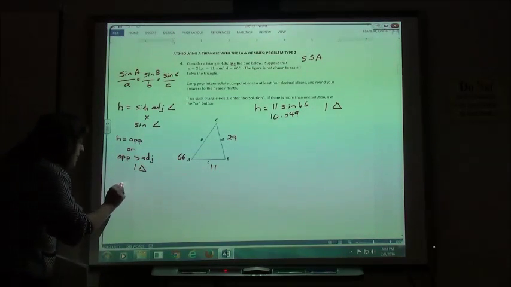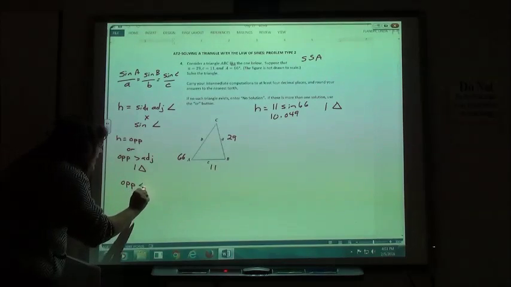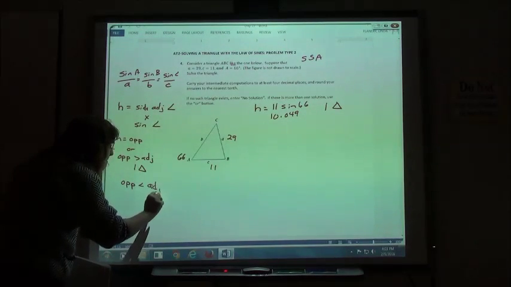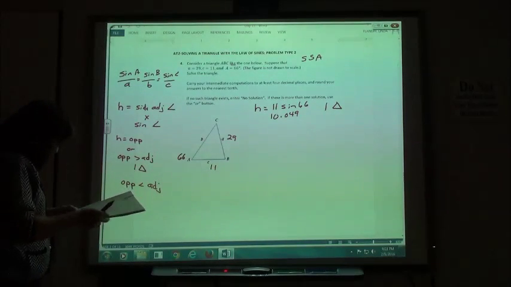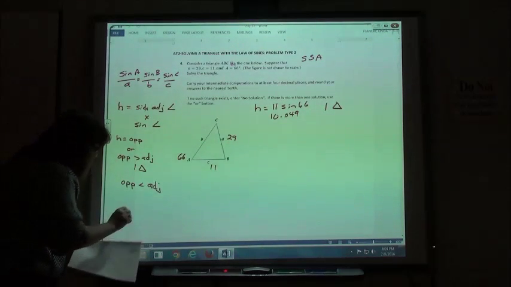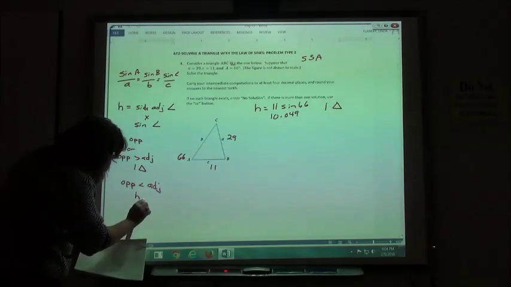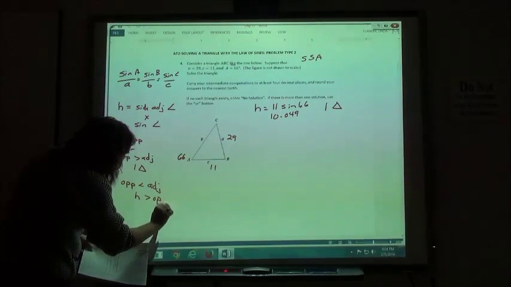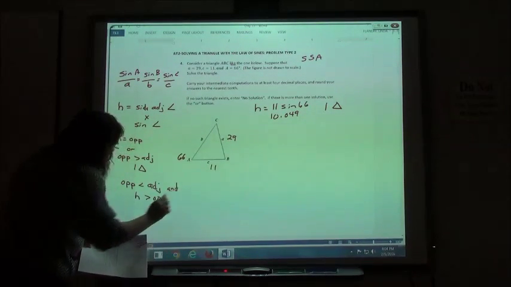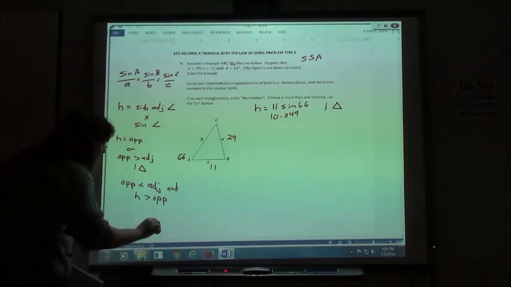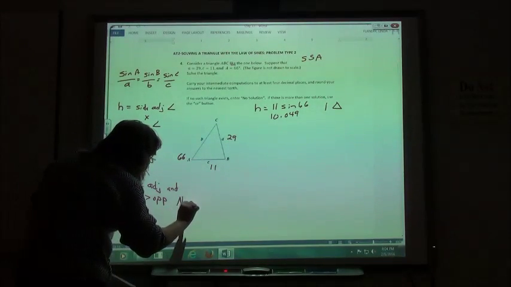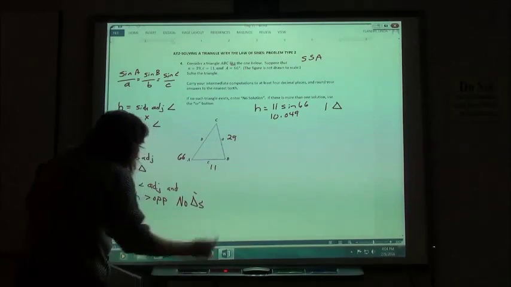If my opposite side is less than my adjacent side and H is greater than my opposite side, then we're going to have no triangles.